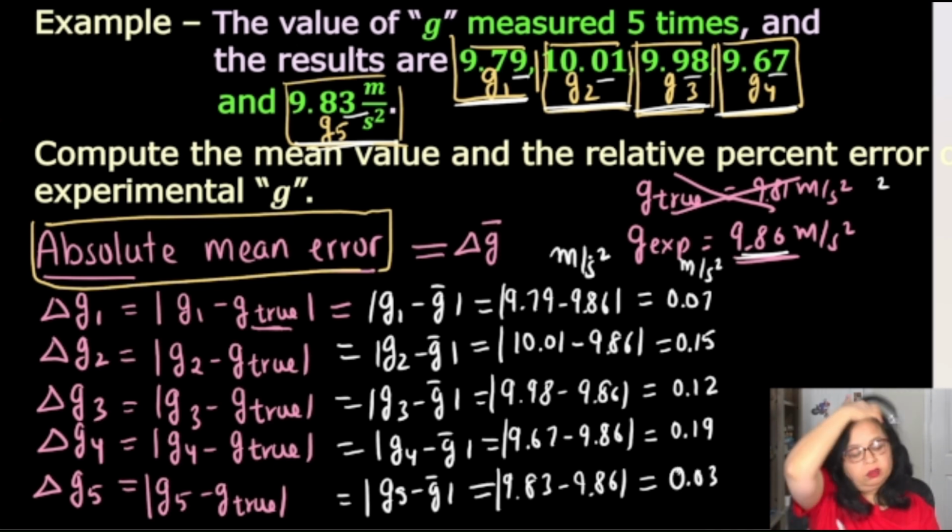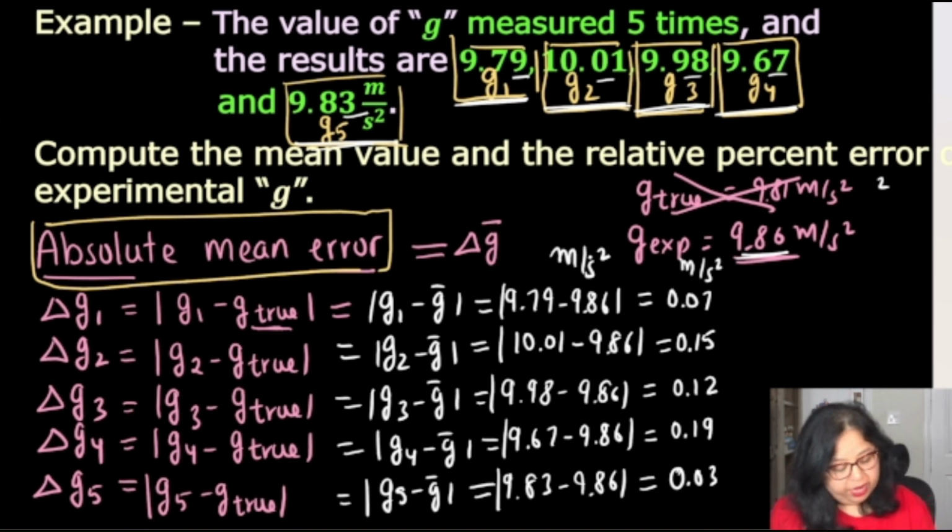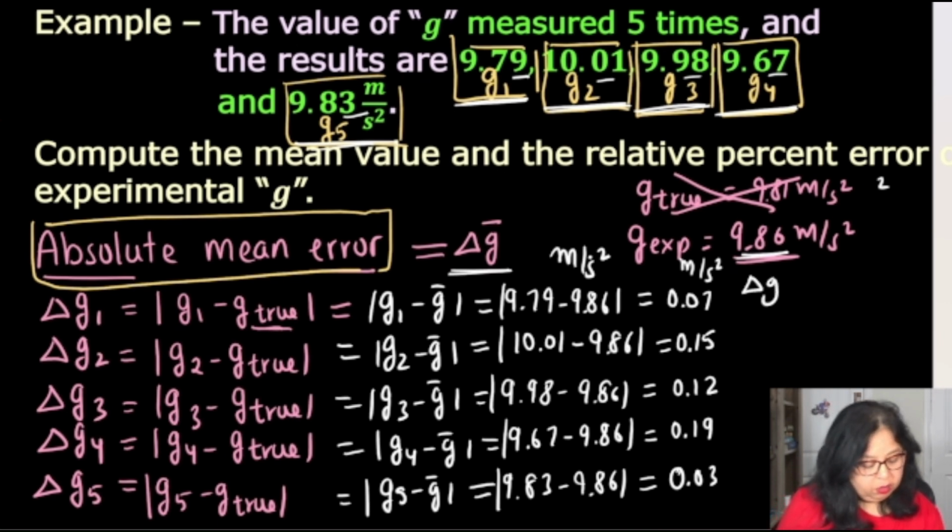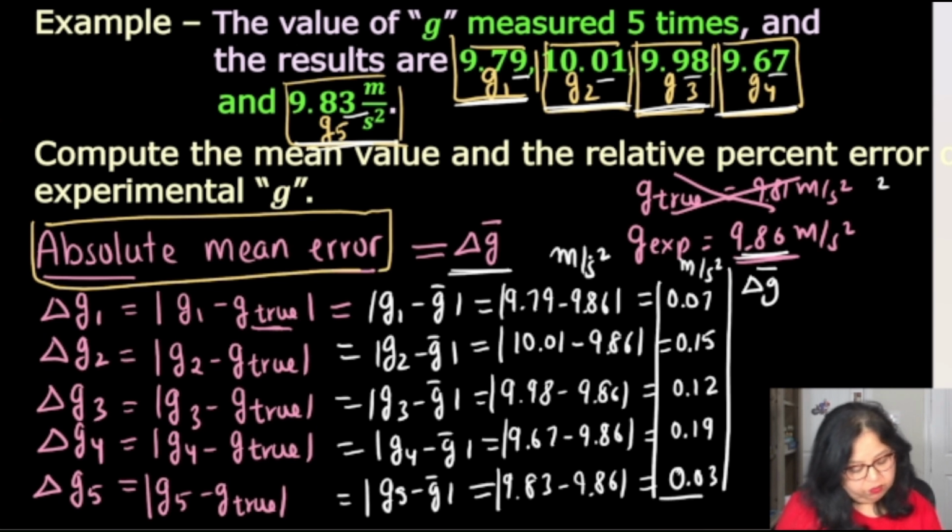All are positive because we're taking the absolute values. Next, we want to find out delta G bar. Delta G bar will be the average of these 5 values that we have just found.